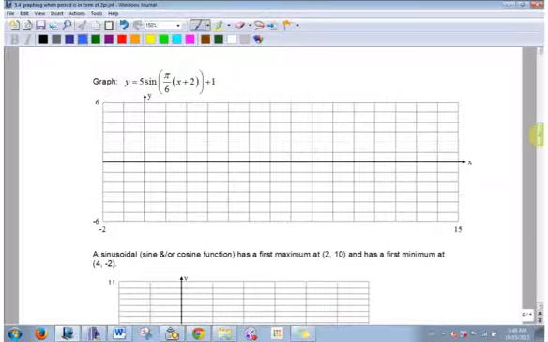Do I have a phase shift in this one? Yeah. Okay, so this has got it all. What's my period? Will? I'm going to pick on you, man. What's my period? Yeah. pi over 6 is the same as 2 pi over 12.